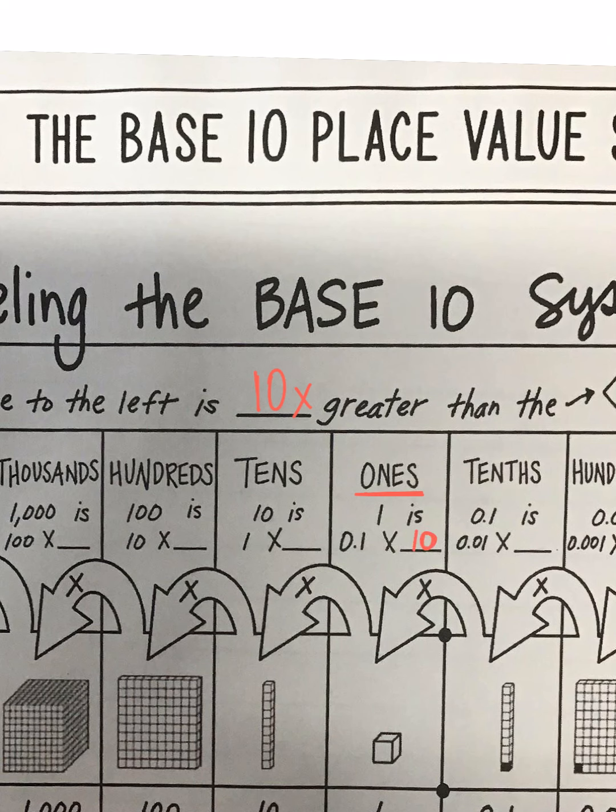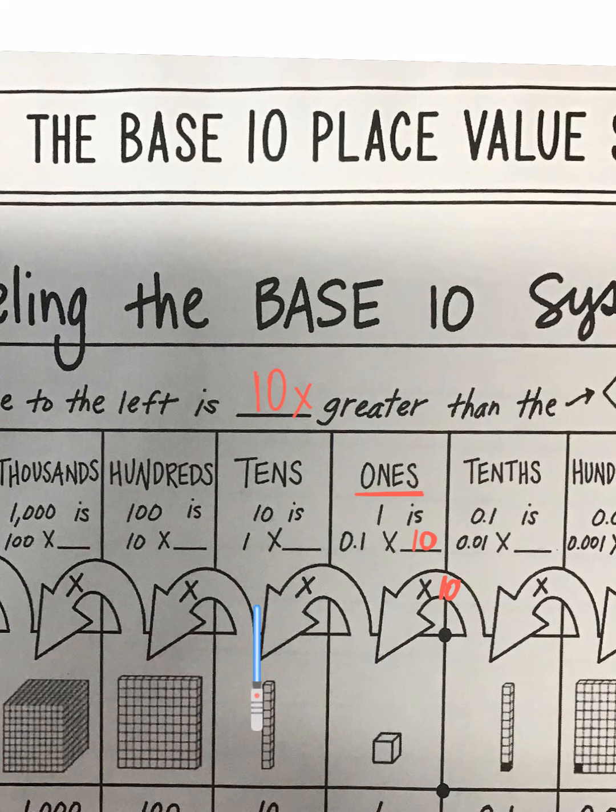So if I was coming from the tenths place, see where my arrow starts right here? If you see my tenths place over here, if I move to the left, I'm multiplying by 10. So the ones place is really 1/10 times 10. Now I have one whole.